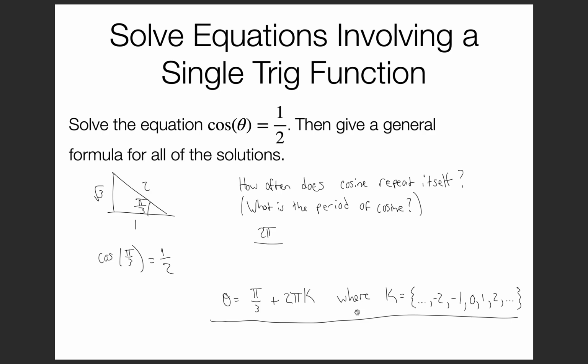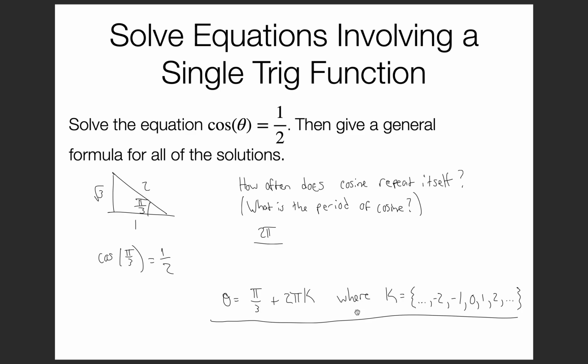Again, when you see 1/2 as a solution to the trig function of some angle, you should think the 30, 60, 90 special right triangle, because one side is 1 and then the hypotenuse is 2. After you draw that right triangle out, you find the cosine of pi over 3 is actually equal to 1/2. So pi over 3 is one solution.